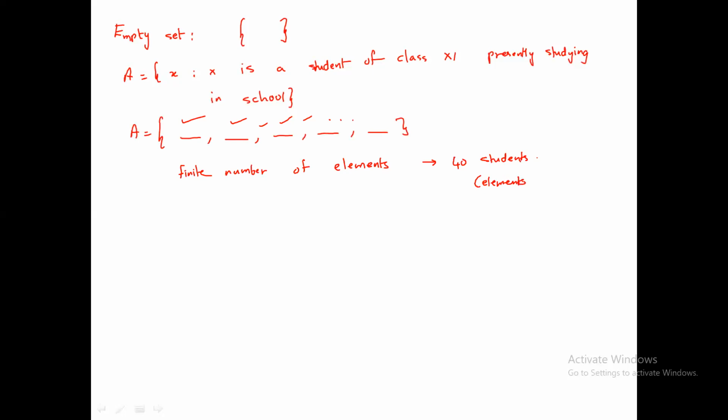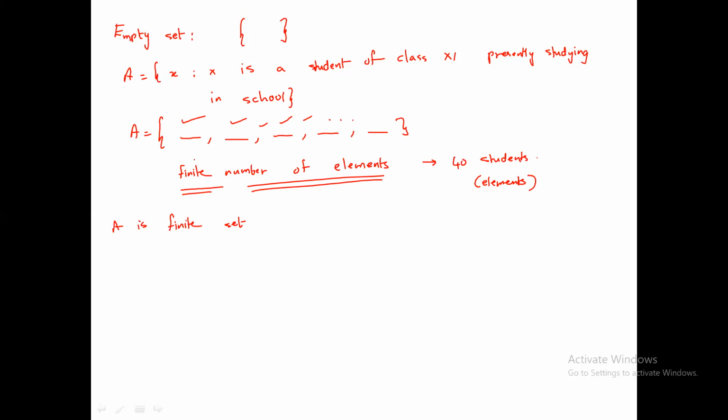When I list the students, total 40 elements are there. When you are able to count the number of elements in the set, you call the set as a finite set. So A is a finite set.